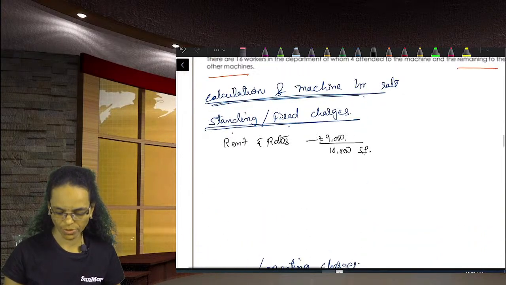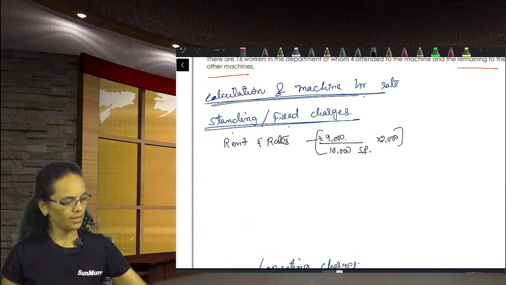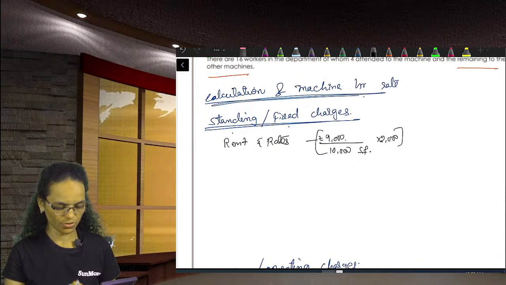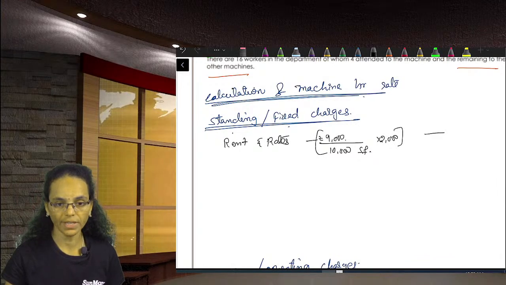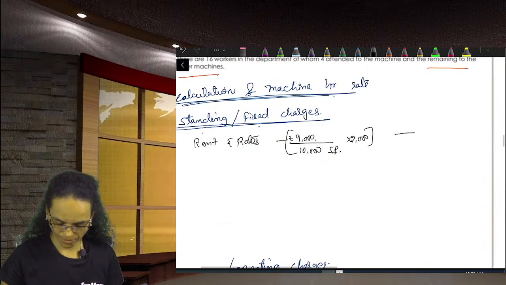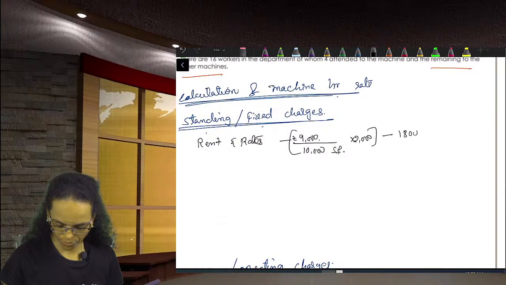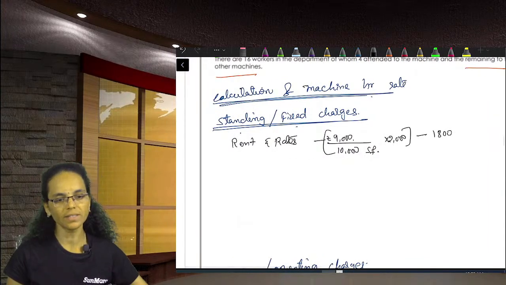So on a proportionate basis we will take this rent element. 9,000 divided by 10,000 into 2 is 1,800 rupees. Rent is done.